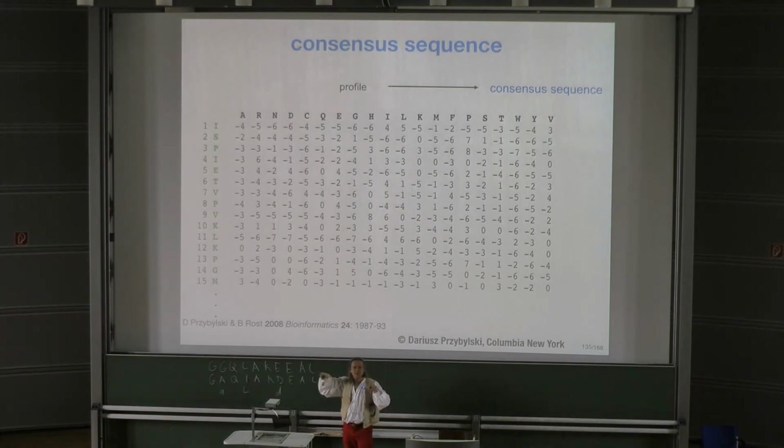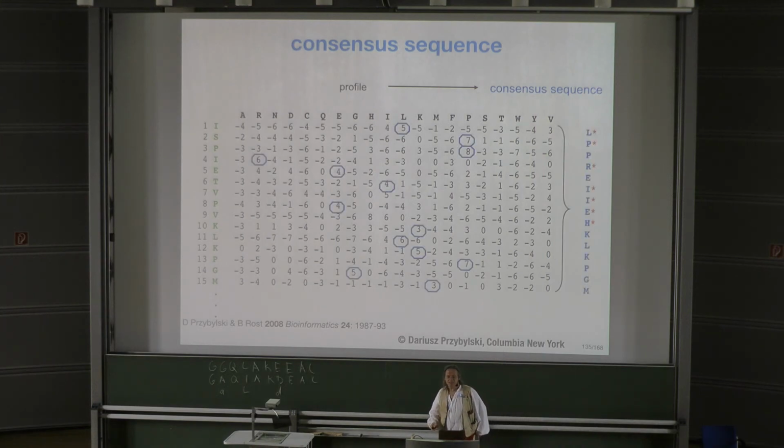You know what's the most likely residue in that position. The most likely residue in that position here would be the L. In the second position would be the S, and so forth and so on. So what you write down here in the last column is exactly the most likely residue.